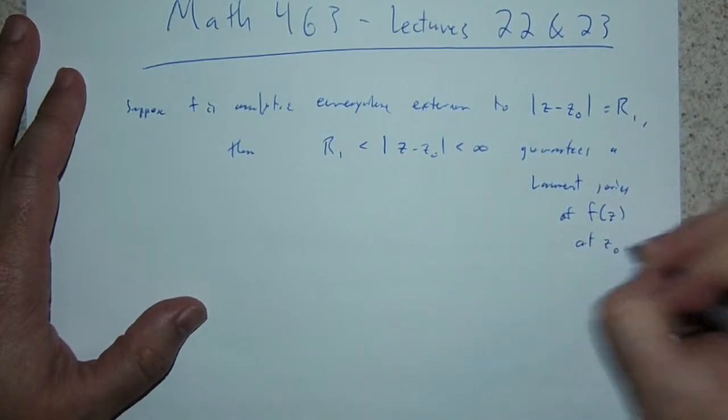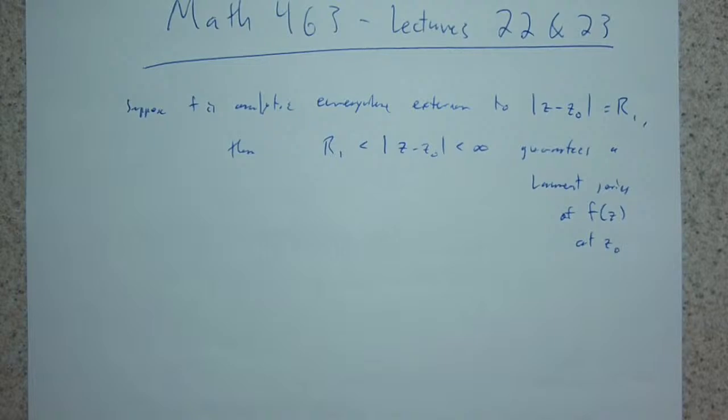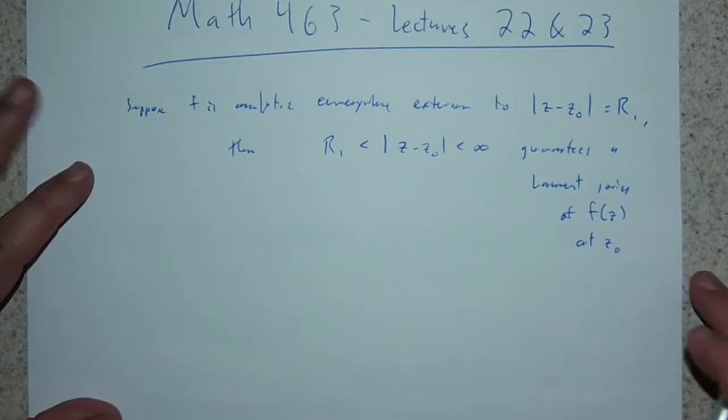Of f at z naught. Now, if you have the statement that f is analytic everywhere except at z naught, then you can get this for just the punctured plane.